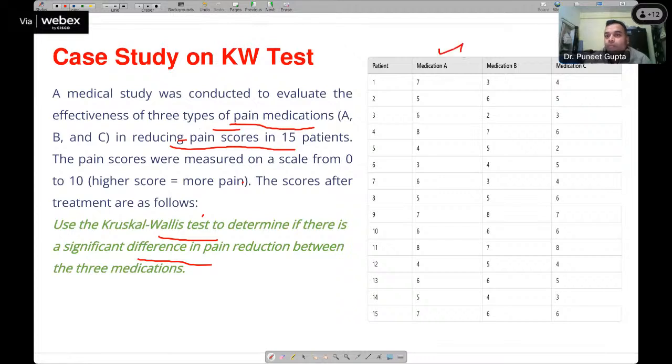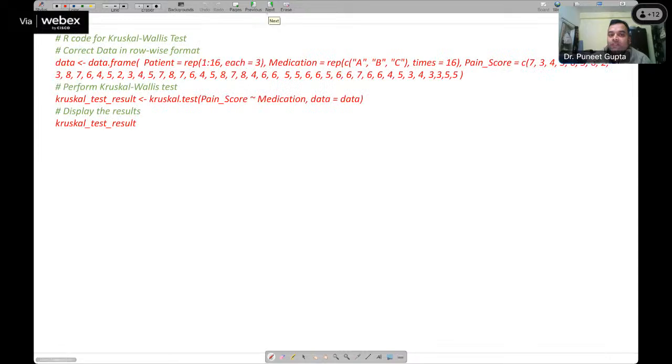So medications A, B, C have been given, and you have to test whether there is a significant difference or not. So I have directly written the R code. These two are for data entering, and this is one line for applying the Kruskal-Wallis test.